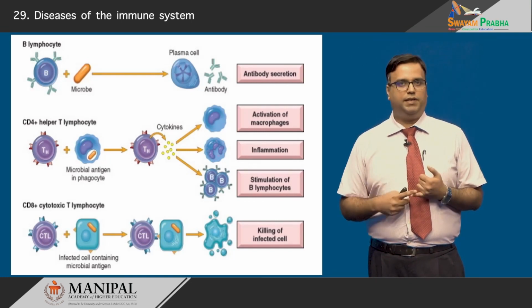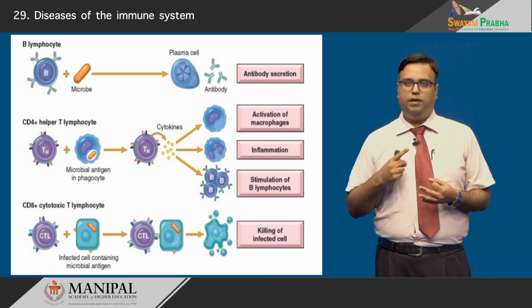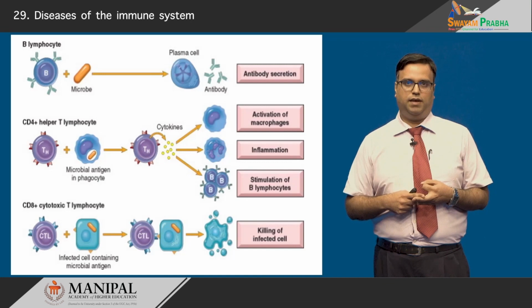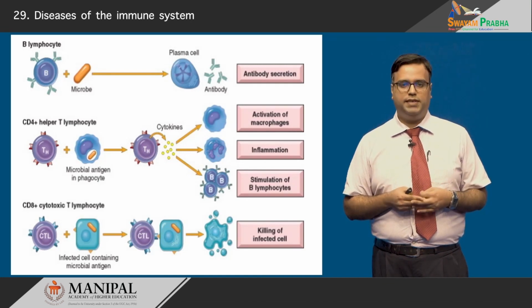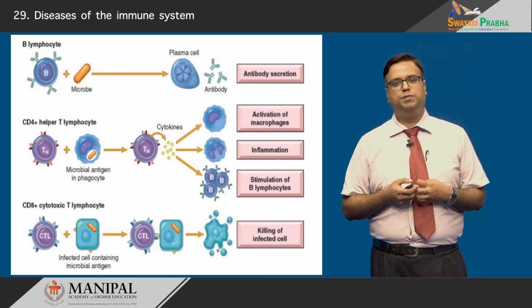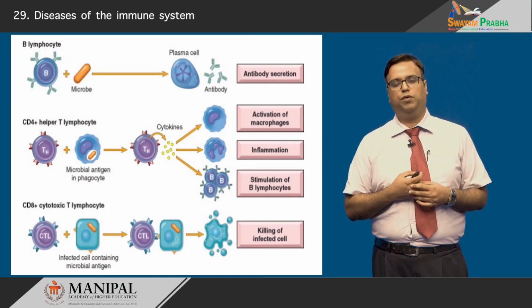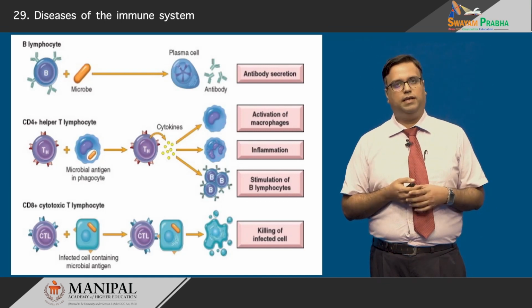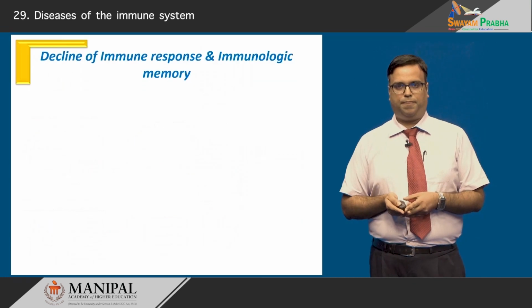Now these can activate your macrophages, recruit inflammatory cells, or even stimulate the B lymphocytes to a very stimulated form. The CD8 cytotoxic T cells are directly responsible for killing the infected cells harboring the microbial insult, resulting in an effective termination of the microbial insult.